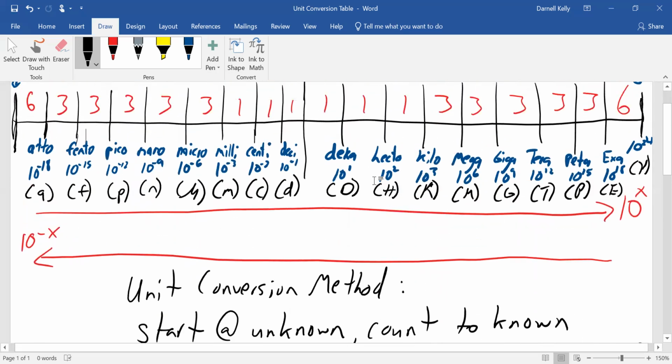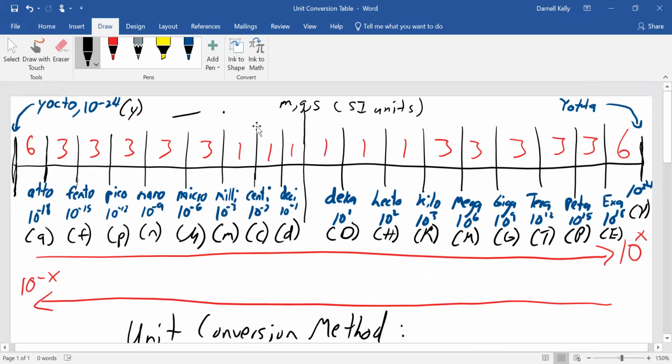So with these red lines here, since I started at the unknown centi and went to the known meter to the right, I counted to the right, my powers of 10 will be positive. So every time I start at some unknown quantity on the left and count to the right, the powers of 10 will be positive. If I wanted to figure out how many meters in 1 centimeter, I count 1, 2 powers of 10, but that would be to the left.